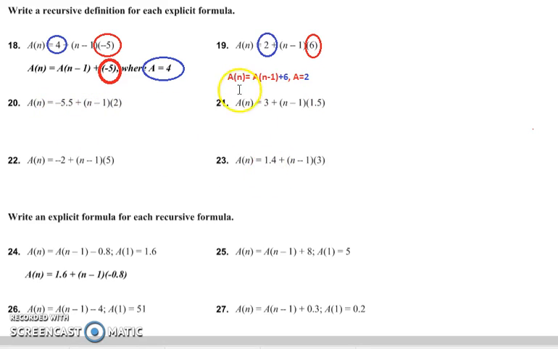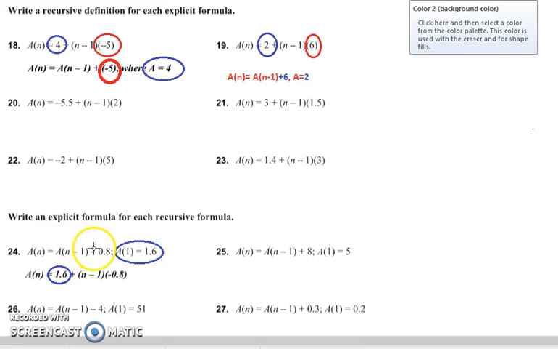On 20 through 23, what I have in red here, you can copy that down to all 4 of these, and then just fill in whatever the common difference is, like we did here, and then just state what the first term is, which is given there also. Okay, if you're doing it the other way around, just work it backwards. Now you have the first term is here, which goes here in the equation.